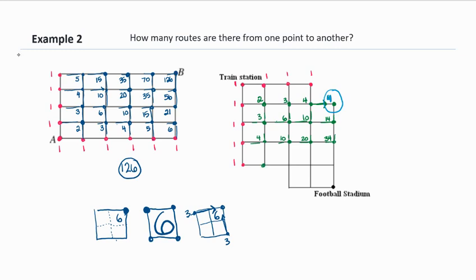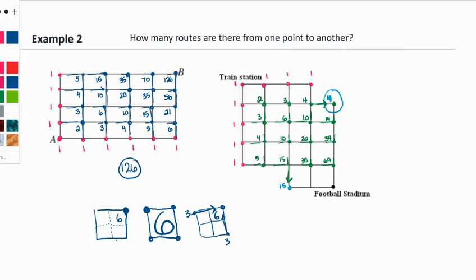Here, a 1 and a 4 is 5. A 5 and a 10 is 15. 15 and a 20 is 35. And a 35 and a 34 is 69. Okay, coming here, we have the same scenario like we did before, where it's just one line coming into this node here, and it's a 15 plus a 0 is 15.